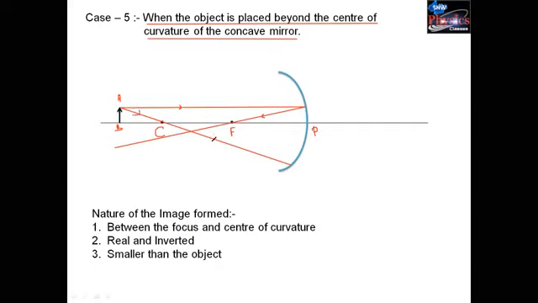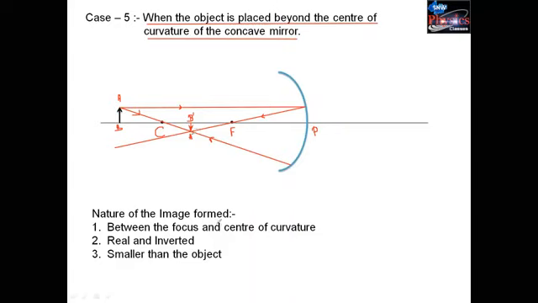So we have the intersection here. We got an intersecting point here, and the image will be formed exactly here. Again we will write B dash here because it is a real and inverted image. And this point will be A dash.